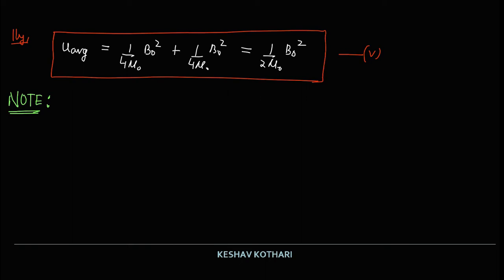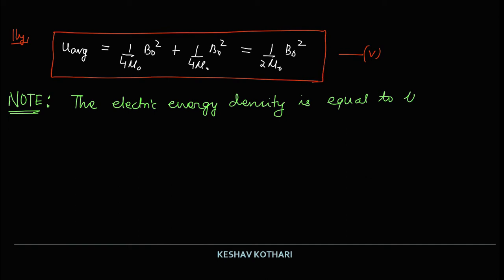So I am writing the electric energy density is equal to the magnetic energy density in average.